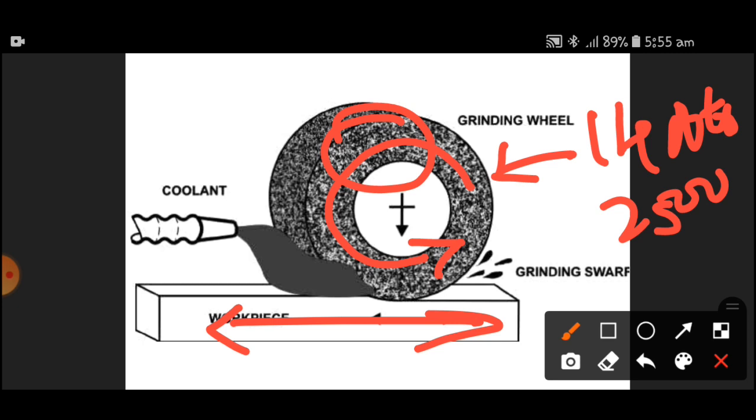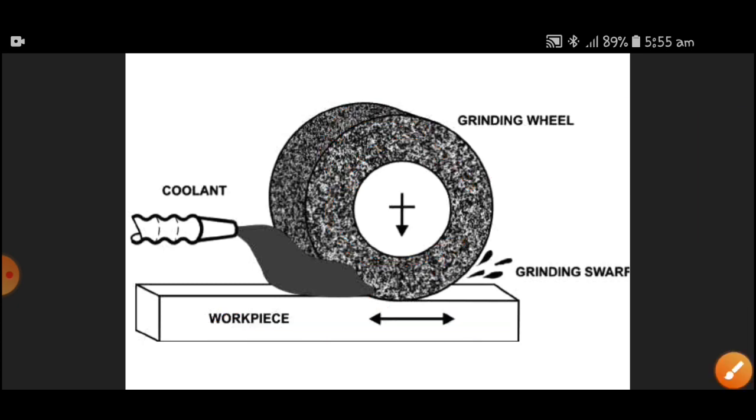Whereas if the grinding wheel is rotating as well as the workpiece is rotating, it is called a cylindrical grinding process. So the grinding process can be categorized by how the grinding is occurring. Today I'm going to talk very generally about the grinding process.